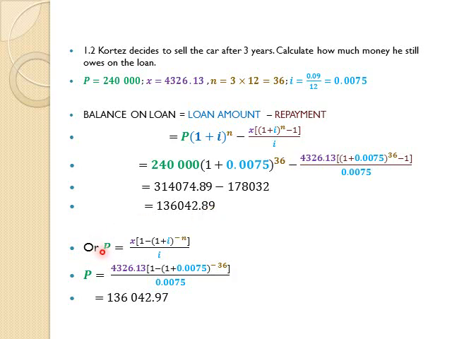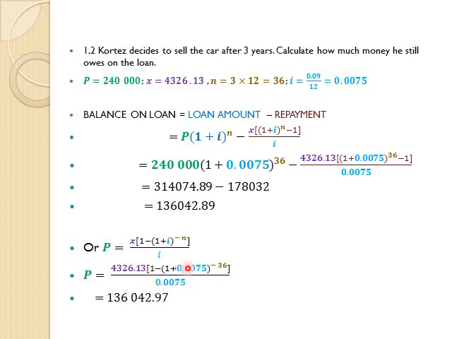Or as I said, if we use present value, P = x[1 - (1+i)^-n]/i. x is 4,326.13, i is 0.0075. After 3 years, remember it was 6 years, 6 minus 3 still gives me 3 years, so n stays 36.